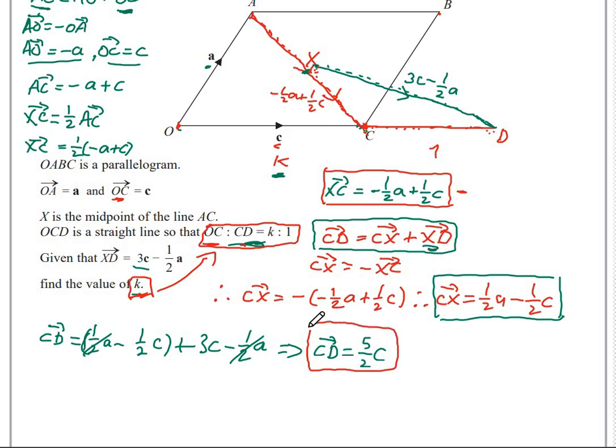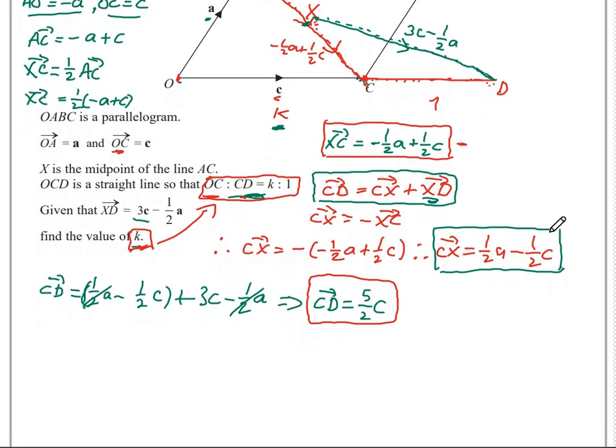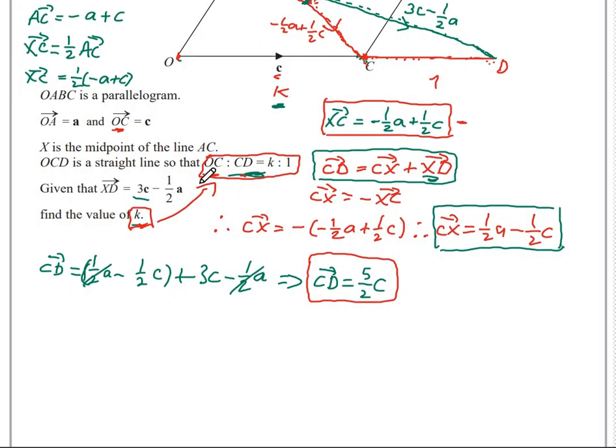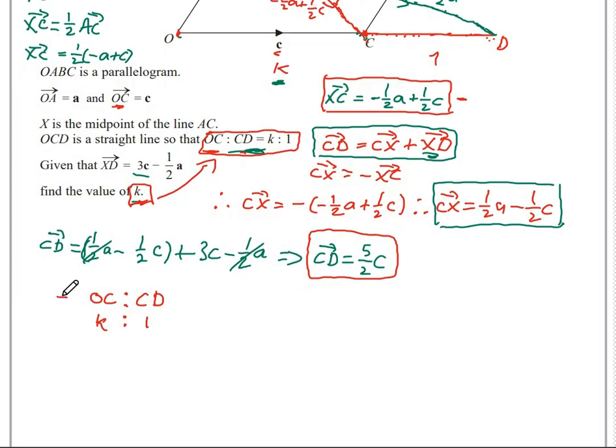Alright, so now I found CD, which is this part of the ratio. So let's put this all together now. So OC, just like that, as it's given, OC colon CD equals K colon 1. So we're given the vector form here, and then we're given it in ratio form.